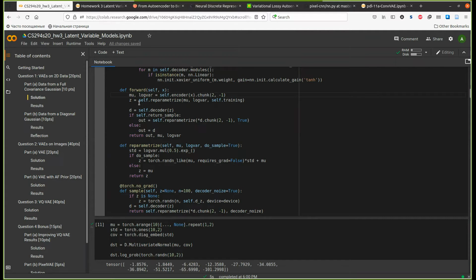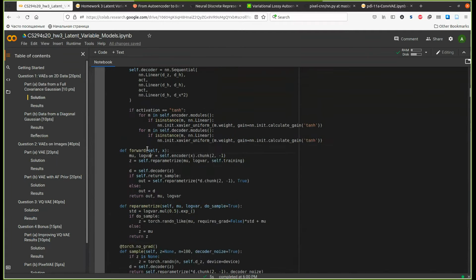The variance should be positive, obviously, by definition, but by outputting the log variance and then taking an exponential of it, we can avoid any complications related to that.